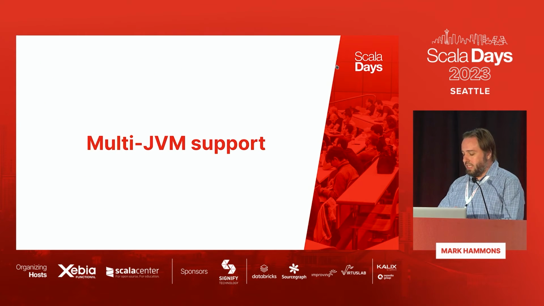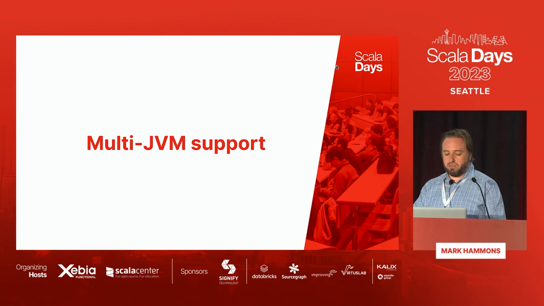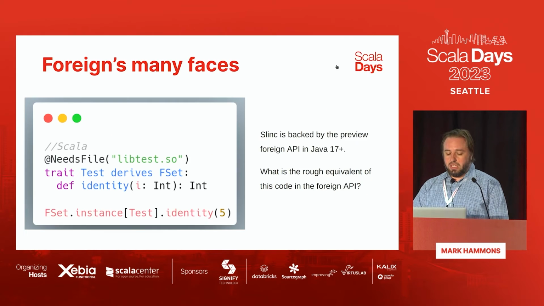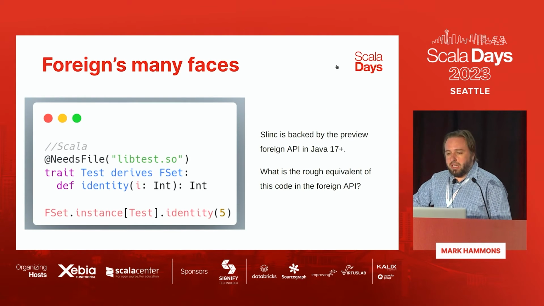So I'd like to go over why it's important for Slinc to have multi-JVM support at the moment. Slinc is powered by the new foreign API in Java 17 and greater. And this API is an incubator API in Java 17 and a preview API in Java 19.